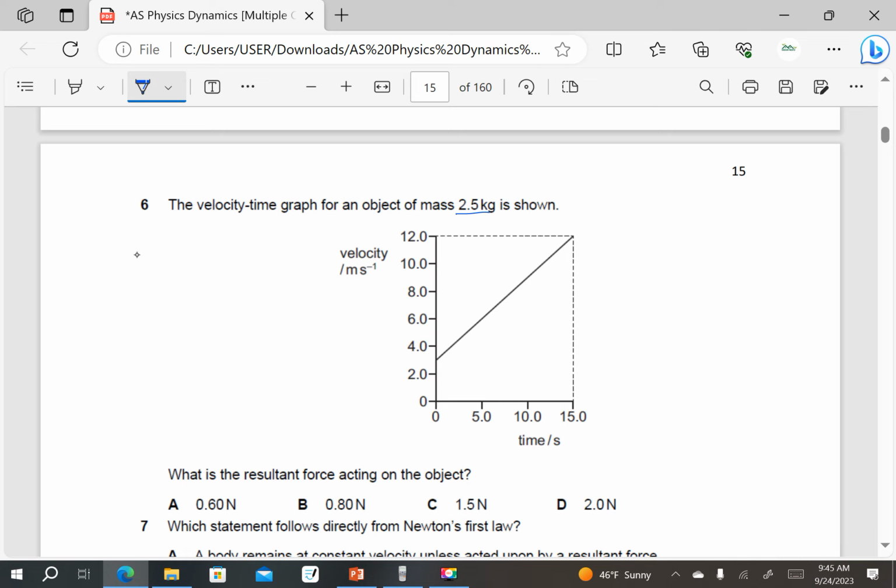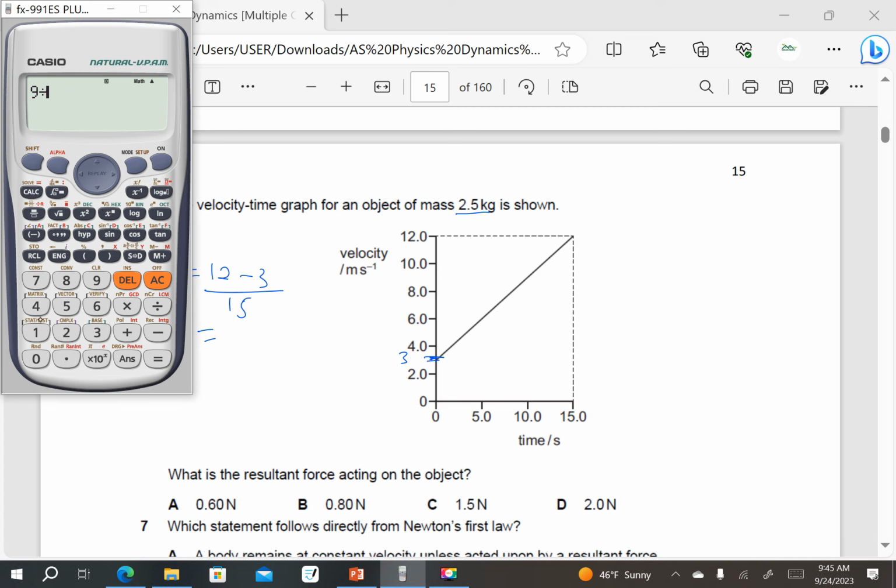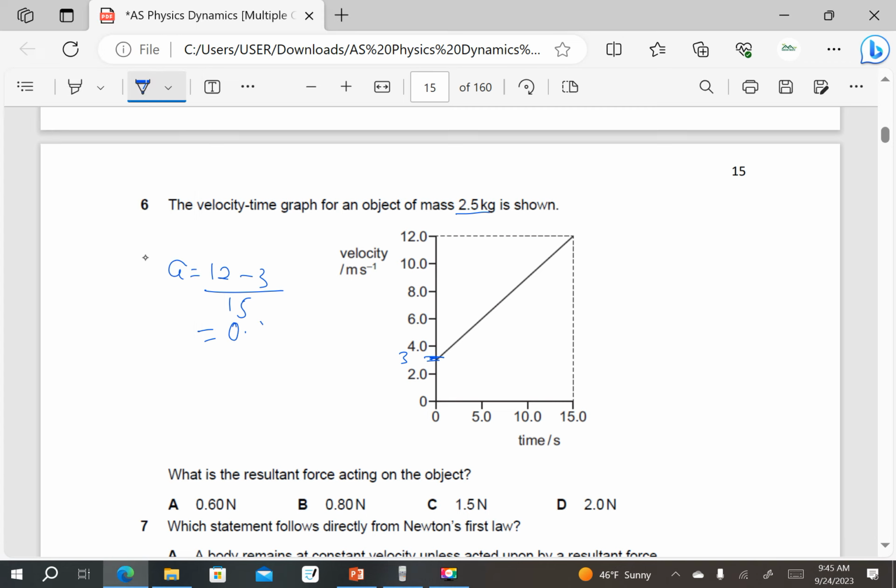So the acceleration is going to be, I'm finding the gradient, so that is 12 minus, I think this is 3 approximately, so minus 3 divided by 15. I think that is 9 divided by 15, which is 0.6. So the acceleration is 0.6 meters per second squared.